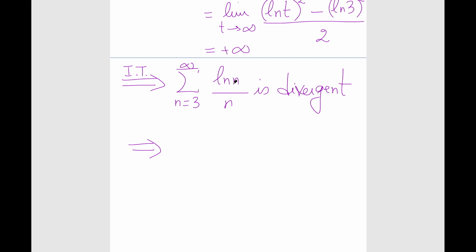So I'm going to add when n is 1 and when n is 2. When n is 1, actually, this is a 0. Anyway, so then the full series is going to be divergent. Because if the full series converges, subtract a1 and a2 from a convergent one, that thing becomes convergent, which is a contradiction. As such, this must be a divergent series. Okay. All right, so this is the end of this section.